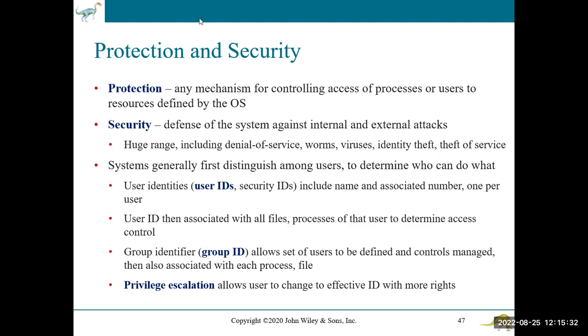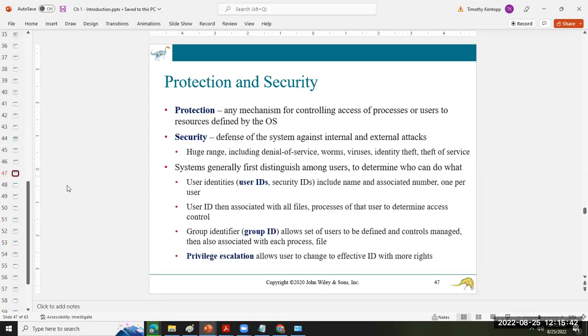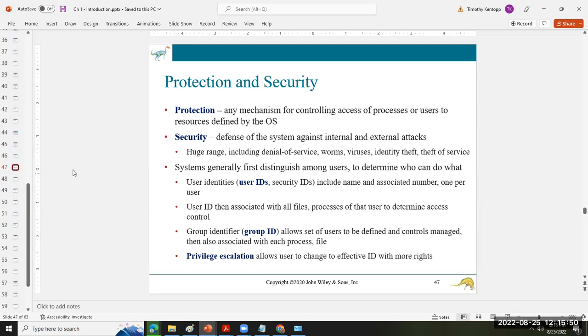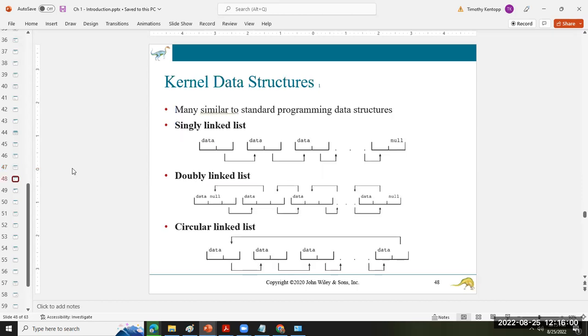And where are we in terms of time? Are we getting close to the, oh, we're at 12:15. Let me see how close we are. So protection and security. I'm just going to zip through these screens very fast to determine whether or not we're going to continue with this on Tuesday or jump into chapter 2.